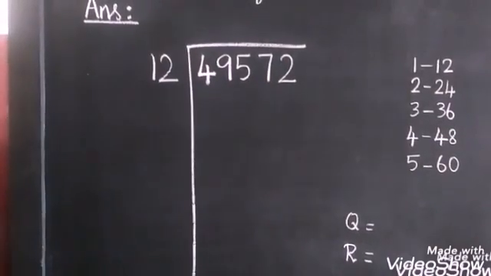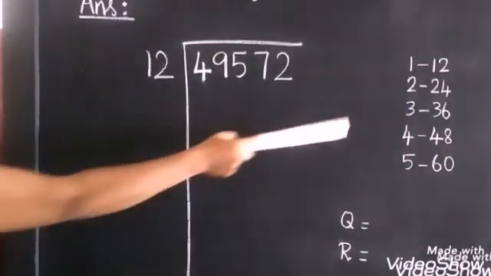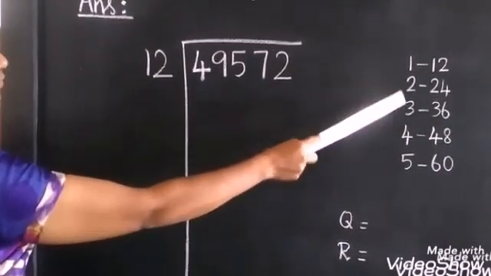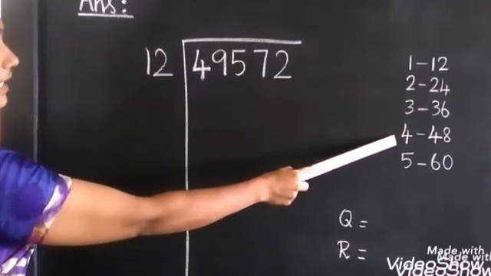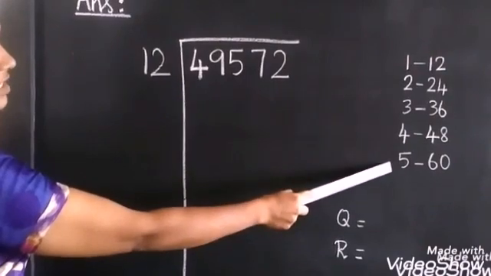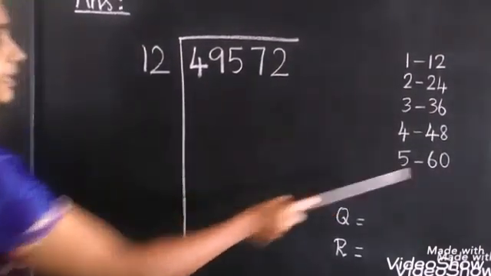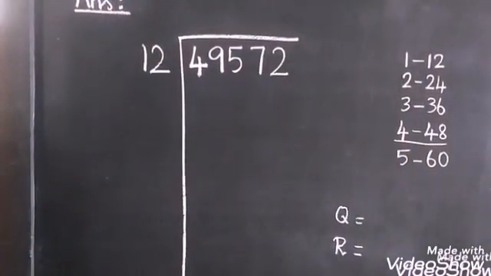See the 12 table. How many times is it coming? 1 12 is 12. 2 12s are 24. 3 12s are 36. 4 12s are 48. 5 12s are 60. We can't take that. So 4 12s are 48.